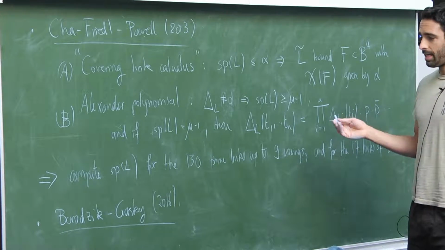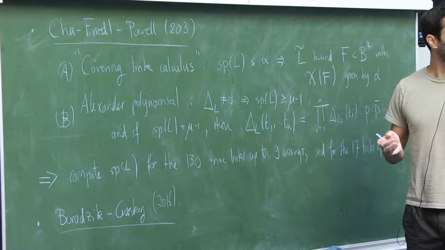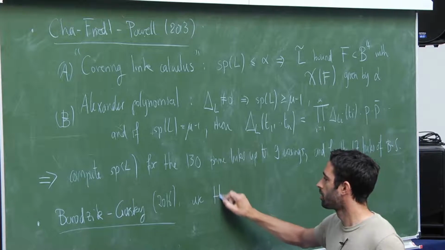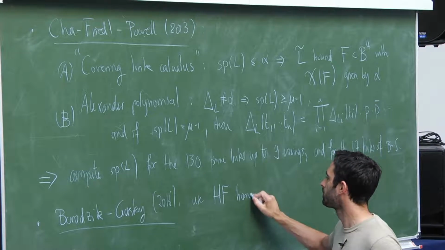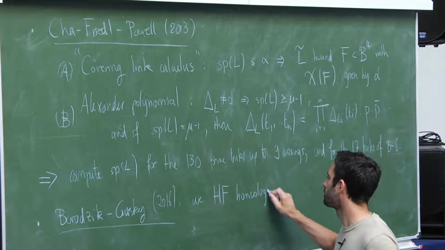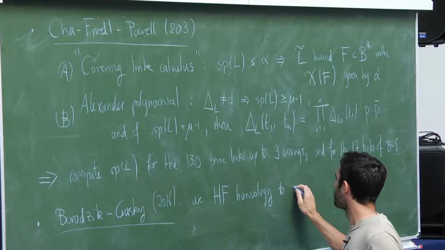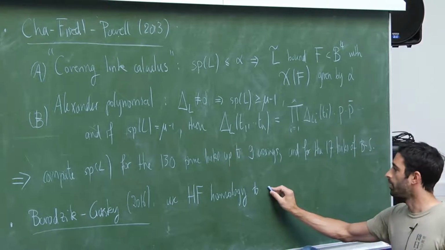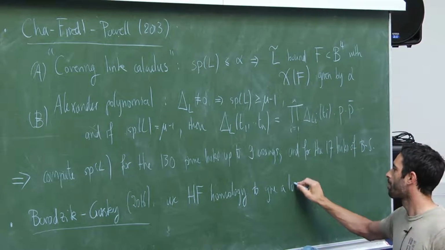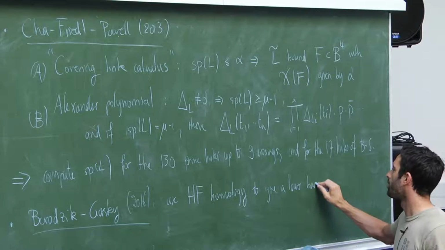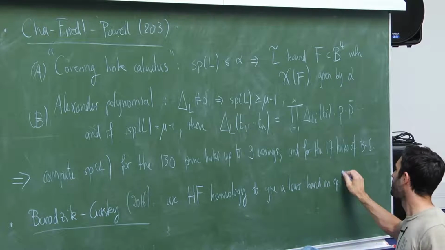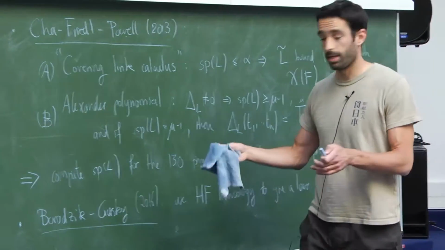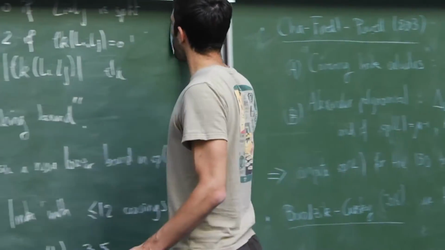Again, I will not be precise, but they use Heegaard Floer homology to give a lower bound on the splitting number. And I will give you in particular one example that they obtain, which is nice.